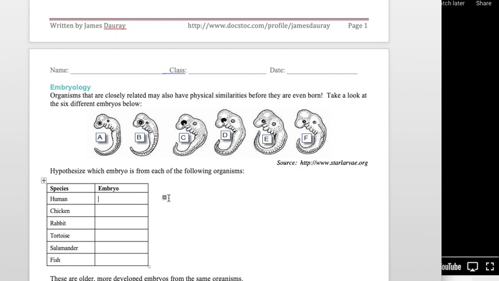And so in the chart, I'd like for you to go ahead and put a prediction. If you want to predict with me, you can go ahead and predict with me. Based on the video that we just saw, I would probably hypothesize that the human embryo would be embryo E.